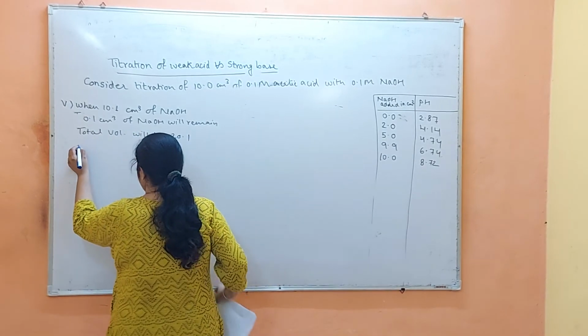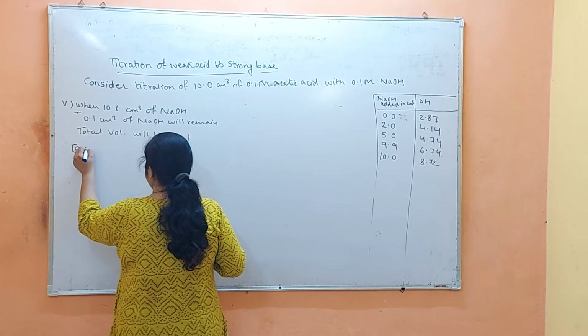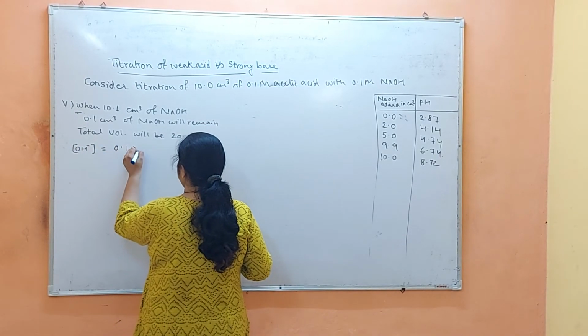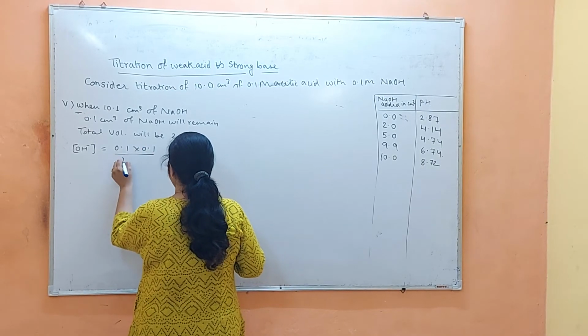So OH− ion concentration will be equal to 0.1 into 0.1 divided by 20.1.